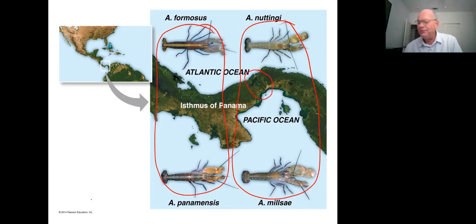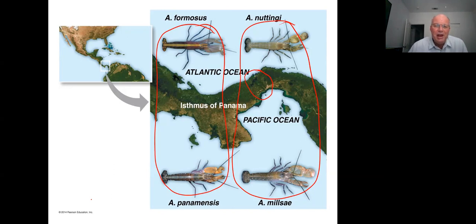Now, the reason why this represents speciation due to geographic isolation is because the Isthmus of Panama has not always been a connection between North and South America. For much of their existence, they've actually been separate continents. Land bridges between them have come and gone, but the current land bridge, the Isthmus of Panama, emerged somewhere around 12 to 15 million years ago.